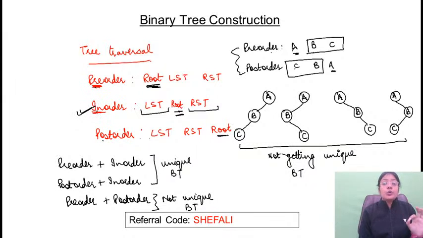And in order to uniquely find out the root node of a tree, pre-order or post-order is a must. So that's why pre-order and Inorder will give you a unique binary tree. Post-order and Inorder will give you a unique binary tree. Is this clear to everyone? Yes?